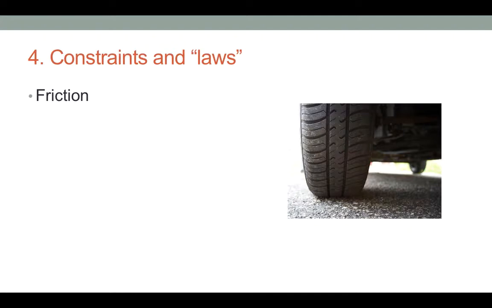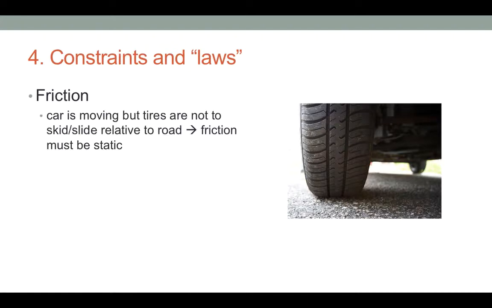Well, you might guess it's kinetic because the car is moving, and moving, generally speaking, means kinetic friction. However, while it is moving, I don't want the tires to be sliding relative to the road, and I want them to stay in place via static friction.